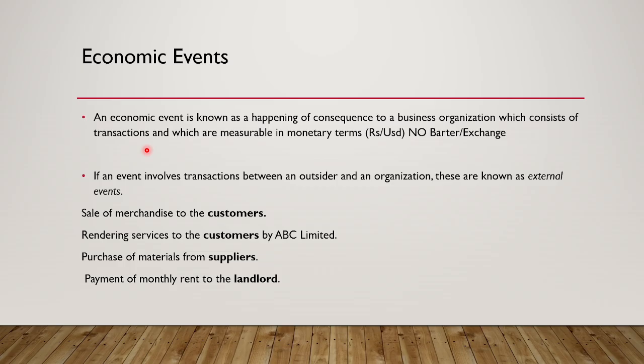Suppose you have given something apart from the 5,000 rupees to your coaching center, like some kind of gift, that will not be considered unless and until you can put it into monetary terms. So it has to be in monetary terms.